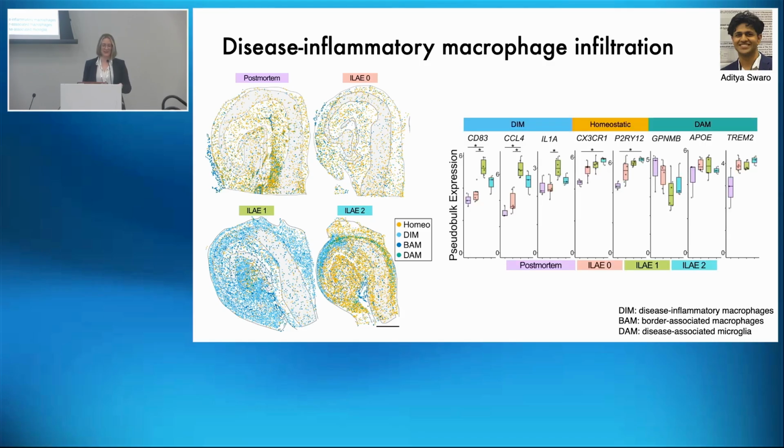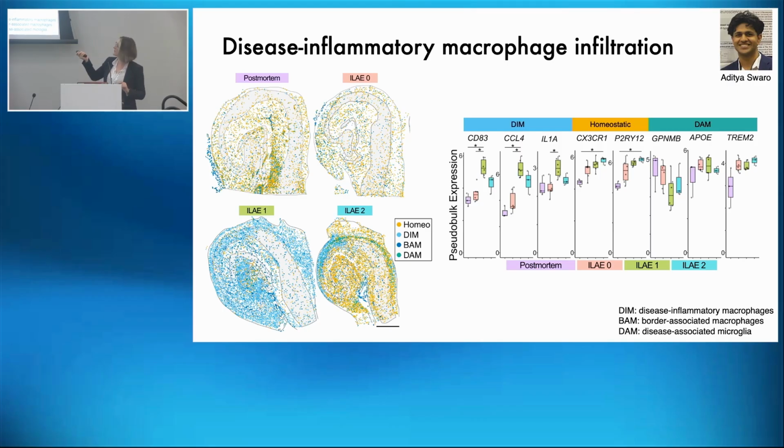To recapitulate this dramatic infiltration of these specific subtypes, he wanted to see if he could also identify broad gene expression changes in the overall microglia population. So he pseudobulked and then looked at canonical marker genes for DIM, homeostatic, as well as DAM.